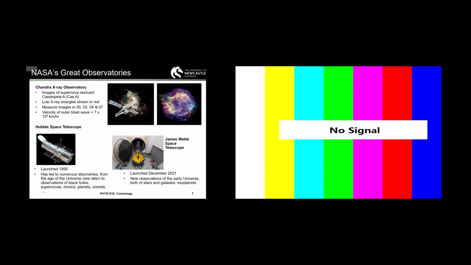Now, the really exciting thing at the moment is the launch of the James Webb Space Telescope. It went through numerous delays and was finally launched at the end of last year, and we just have the first images now. This is the successor to Hubble, and is going to give us unprecedented new resolution and views and the ability to look back at the very early universe.